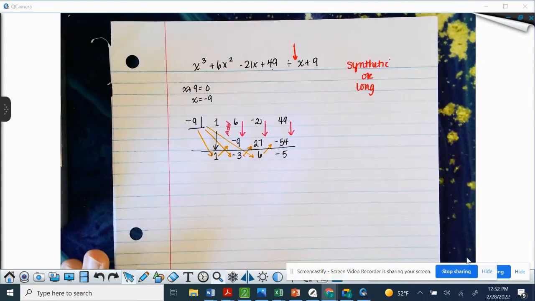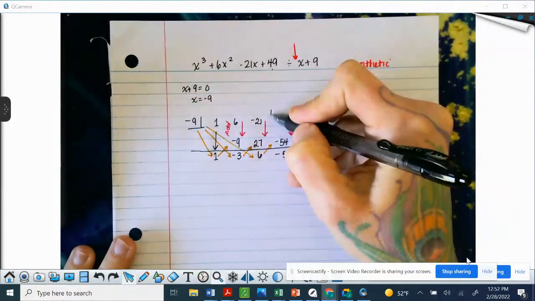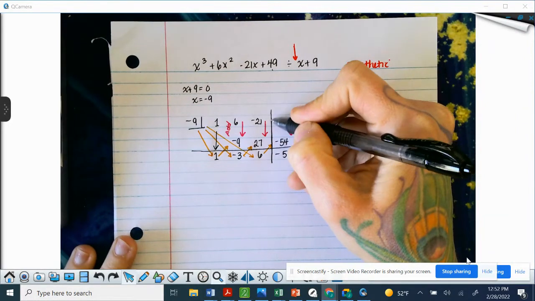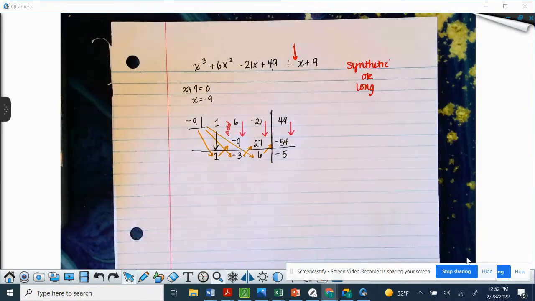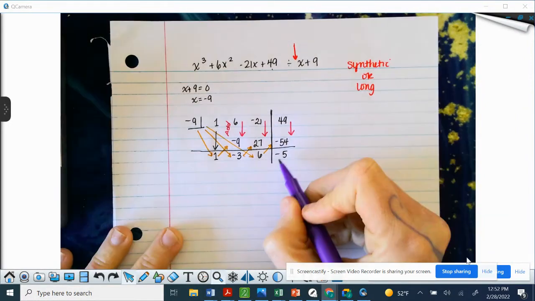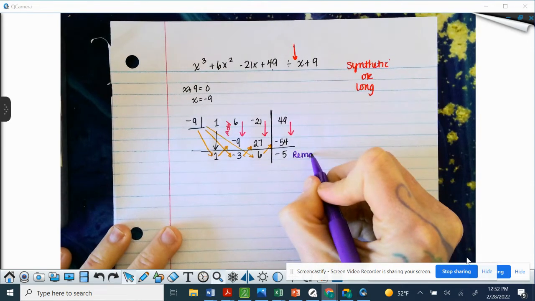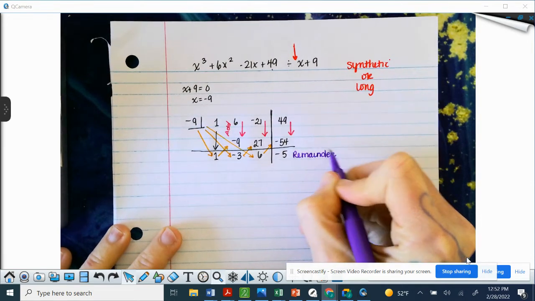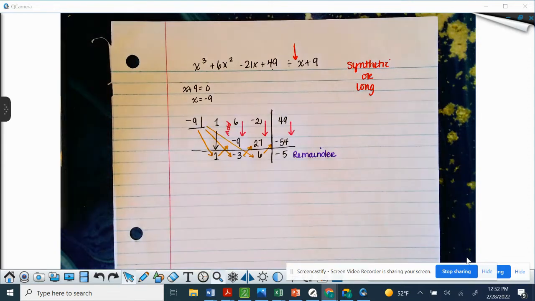And then you're done. Now, you'll see some places, if you Google this somewhere else, where there's a line right here. Whatever is left out here is your remainder. And that is important because this is actually factoring out. So though it is division, we are factoring out x plus 9.